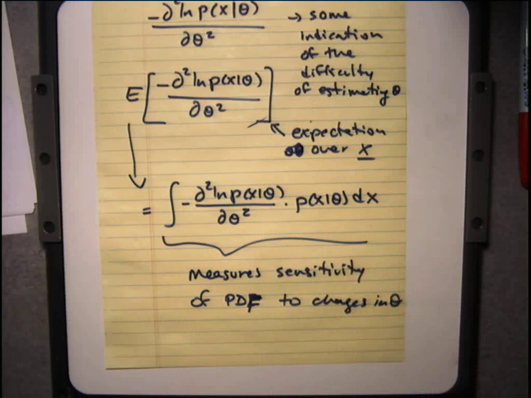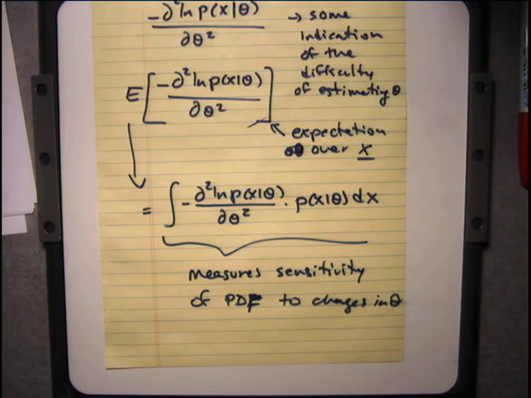Okay? What it means is that large sensitivity means that it's easier to estimate the parameter. Let's think about that for a moment, just from an intuitive point of view. If the shape of the probability density function changes a lot with a small change in theta, what does that tell you? It tells you theta has a huge influence on what your data is going to look like, right? And taking the argument now backwards, if your data is very sensitive to the value of theta, therefore theta should be easy to get from the data.